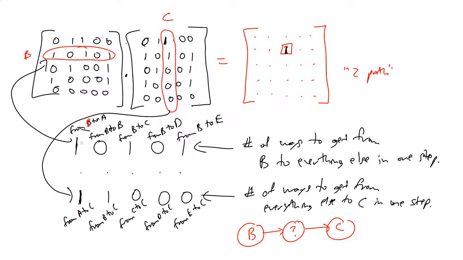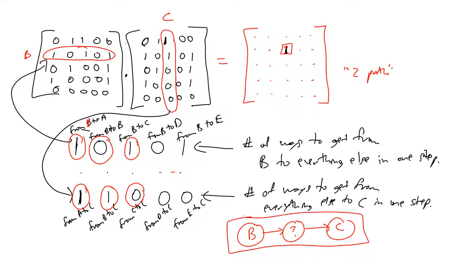We're taking the number of ways to get from B to A times a 1 if you can get from A to C, and we're adding that to the number of ways to get from B to B times a 1 if we can get from B to C, plus the number of ways to get from B to C times a 1 if we can get from C to C, right on down the line. So this basically is adding up every single one of these red things right here. Because I'm only going to add 1 if this bottom thing is a 1. Otherwise, I'm multiplying by 0 and I'm not going to get it. And up here, this is giving me the number of ways to get from B to everything else in one step. And that is why A squared, or ADJ squared, gives you the number of two-paths.